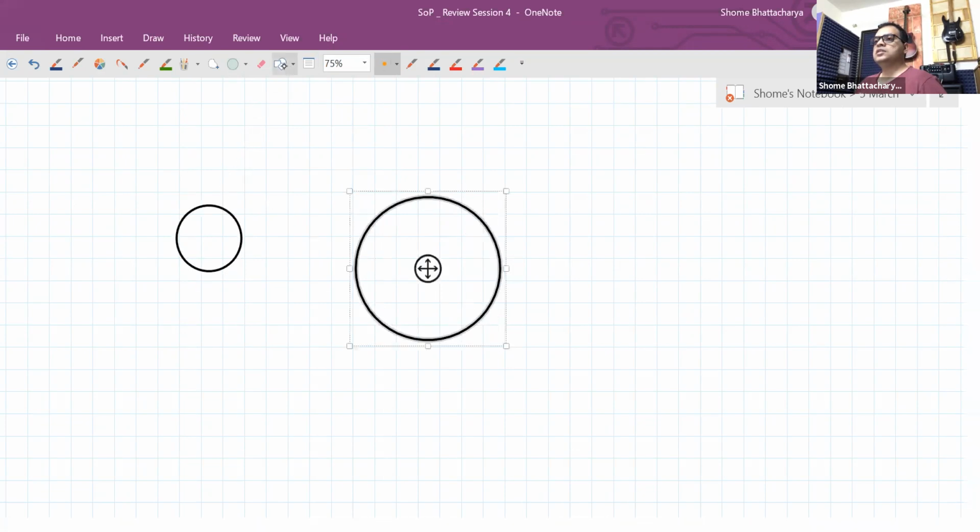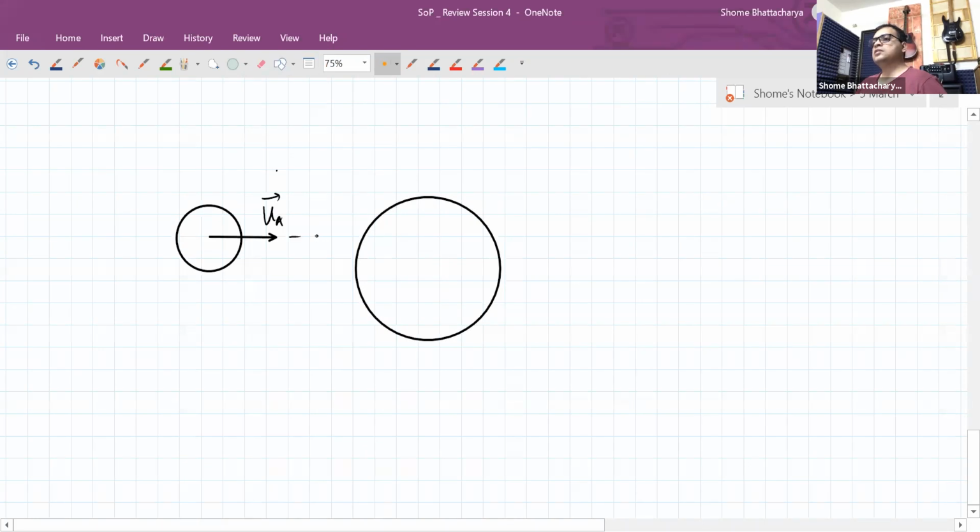Now in this case, suppose the initial velocity of this one is a vector along an axis which doesn't quite pass through the center of the second one, because the center of the second one is here and the center of the first one is here. So you can see that A and B's center to center line is actually this one, but the initial momentum of A is not along that one and B is at rest.